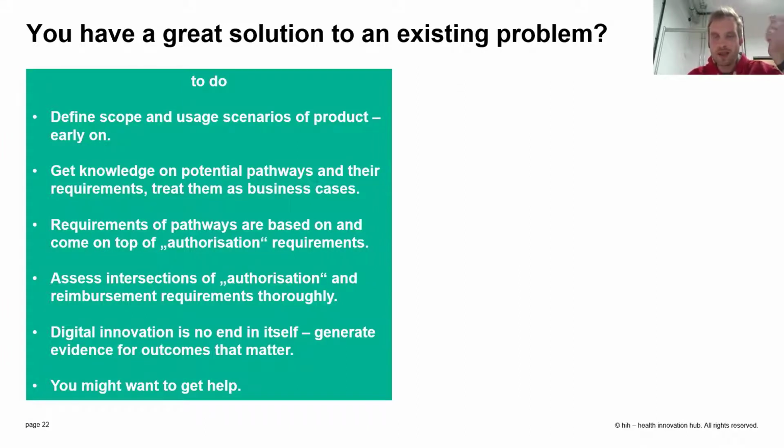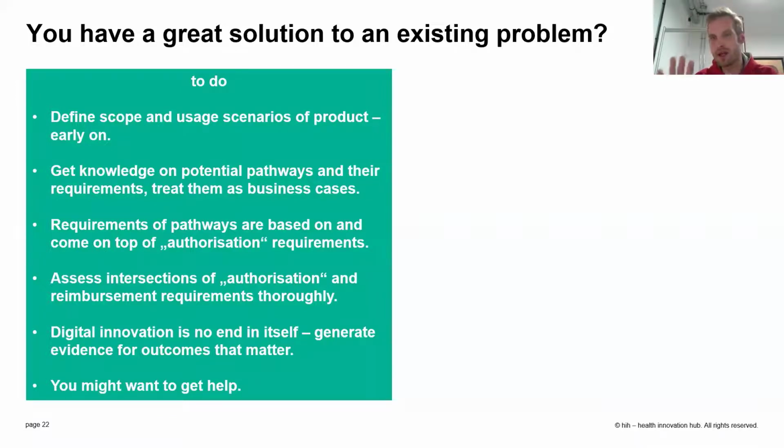Think of them as business cases. It's not just regulatory stuff, it's business cases. That's what you, at the very end, earn your money with. And always think CE marking comes first, because the requirements of these different pathways that I just showed you come on top of the requirements of the medical device regulation.